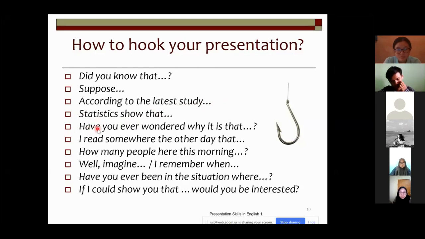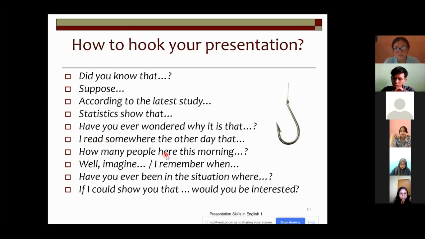And then the next one, you may ask, have you ever wondered why it is that? Or, I read somewhere the other day that blah, blah, blah, regarding your topic.